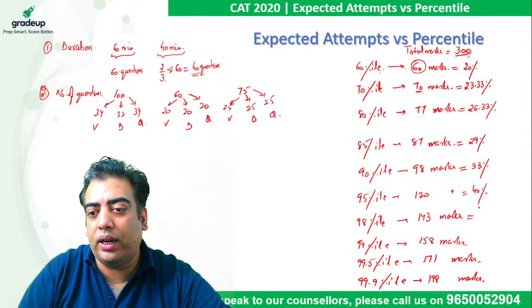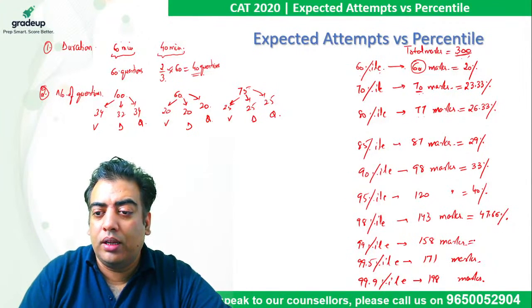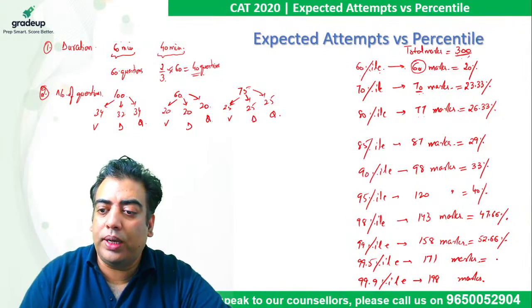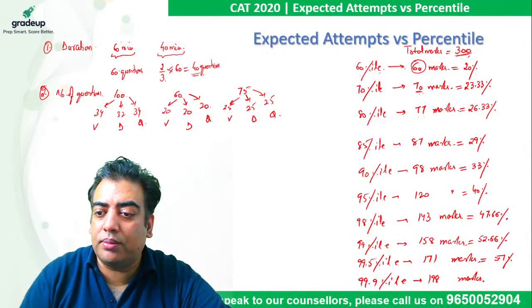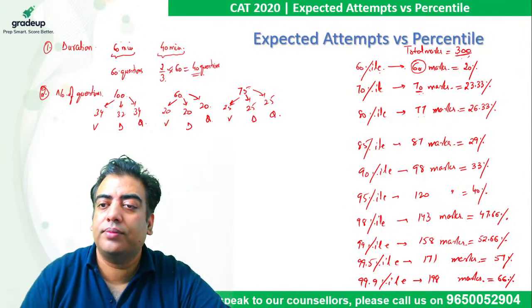So this will be around 47.66% marks. So this will be around 53%. So let it be 52.66% marks. This comes out to be 57% marks. And this comes out to be around 66% marks.